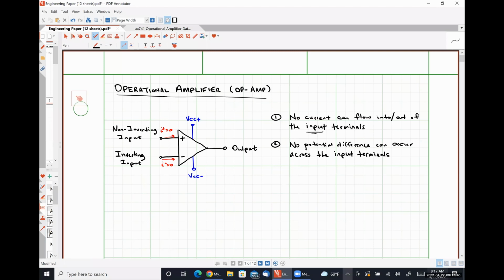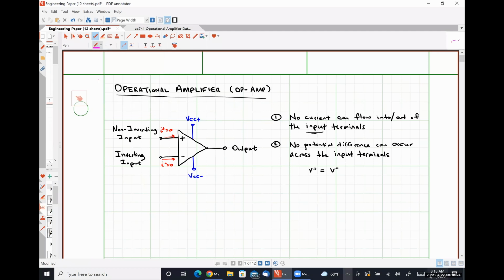Negative feedback allows the end user to use a resistive network to set a very specific closed loop gain. And a consequence of that closed loop gain is that it forces the voltage V plus, which is the voltage present at the non-inverting input terminal, to be almost identical to the voltage V minus present at the inverting input terminal.